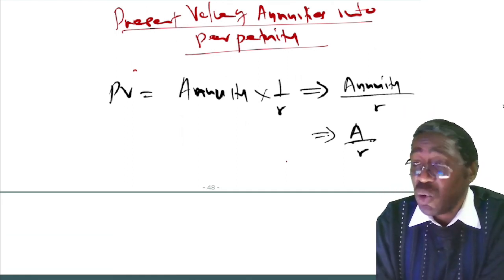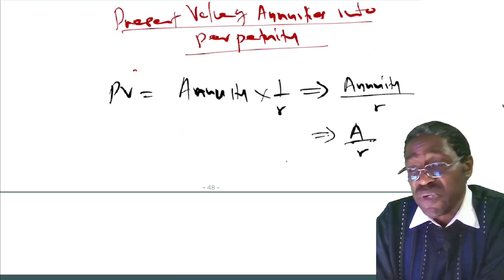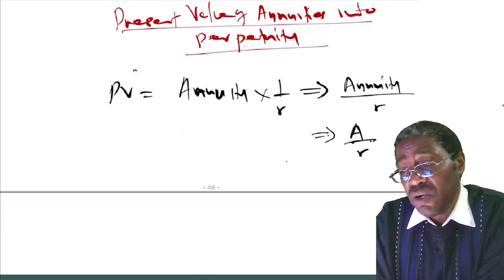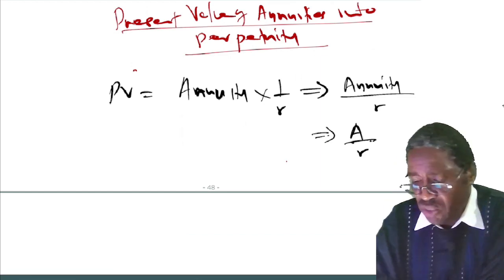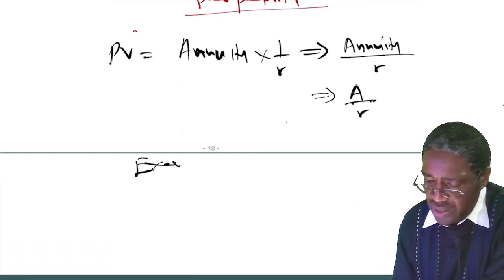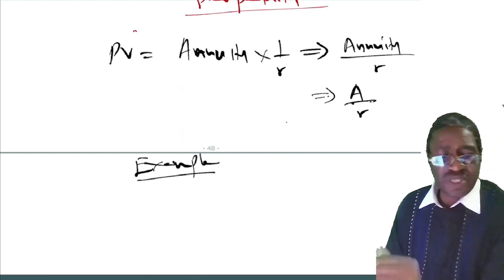Some questions you are given where you are told to get the present value of an annuity. So maybe we can put a simple example down.